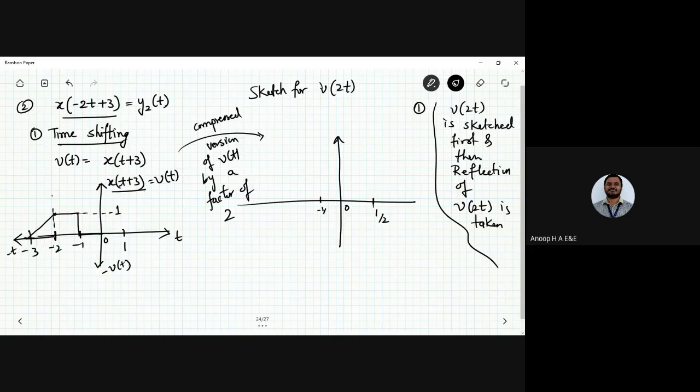This is minus 1 by 2, this is minus 1, this is minus 1.5. Now what do I need to do now?